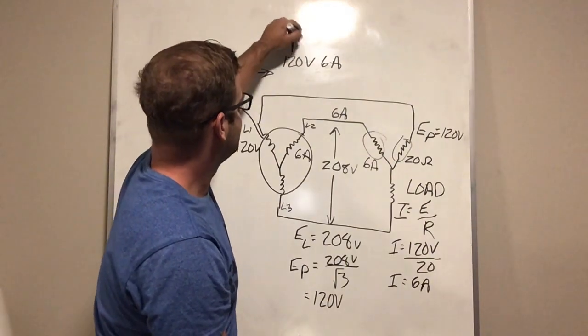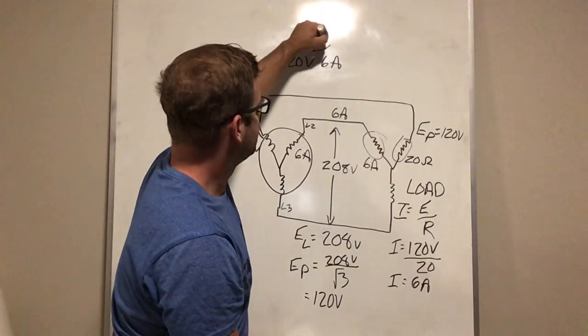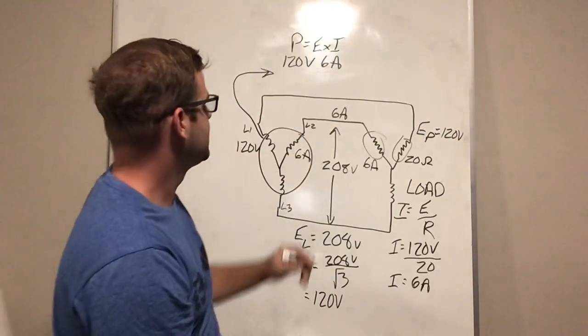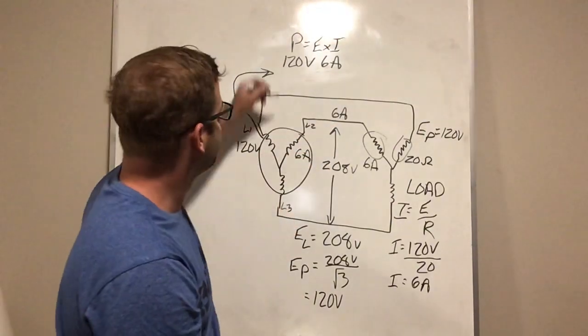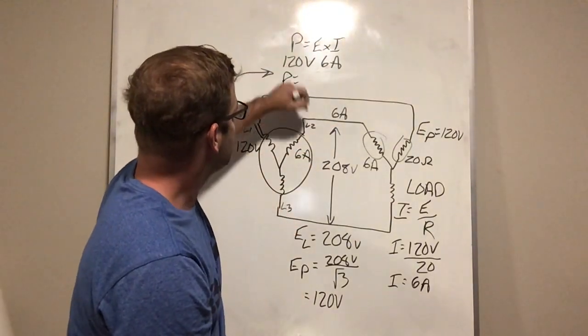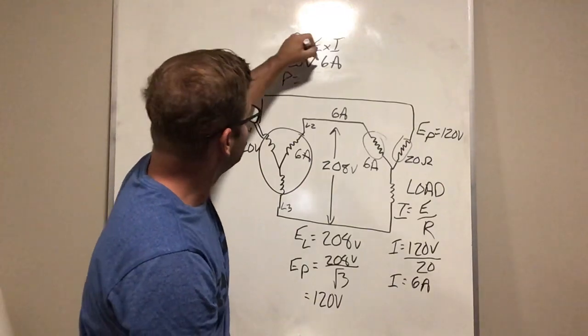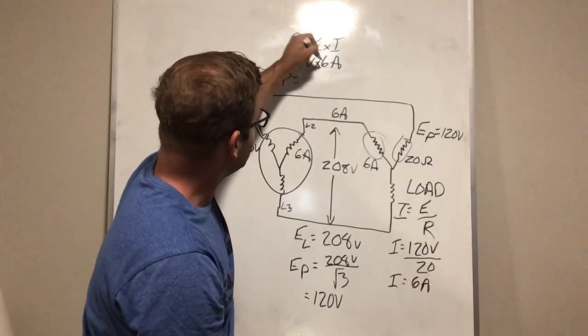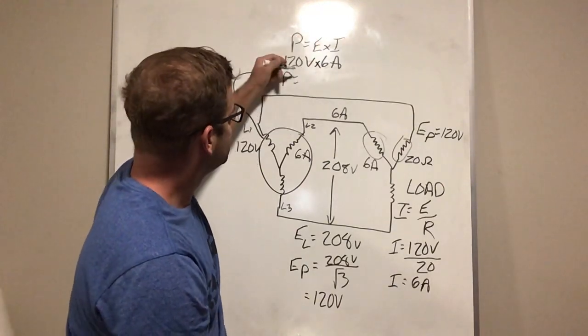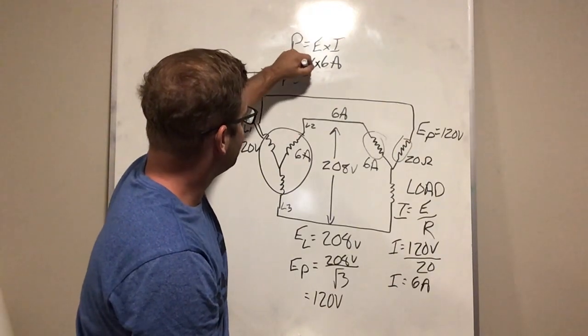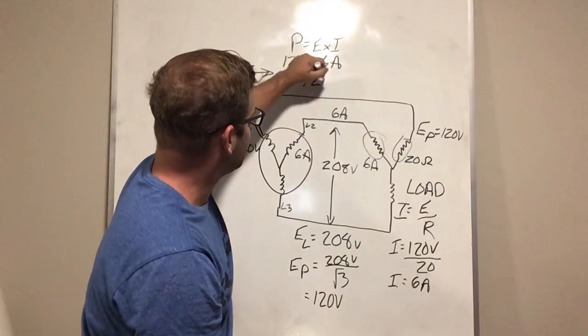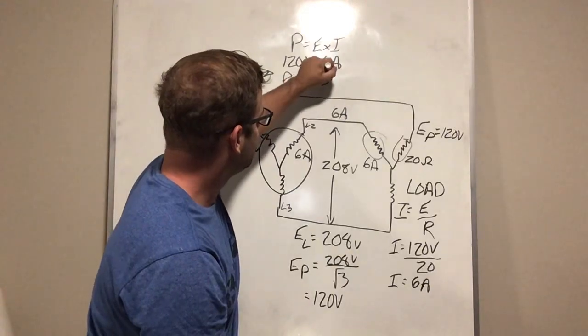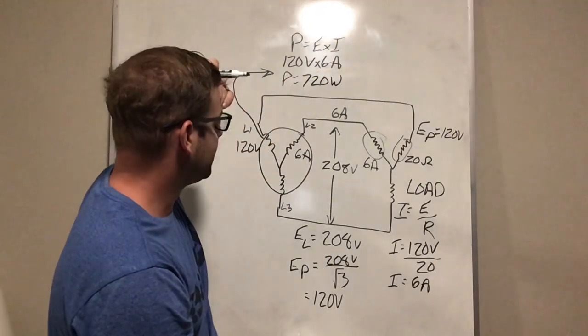P is equal to E times I. So if I was looking at single phase power, I would do 120 times 6 amps, and that would give me a value of 720 watts.